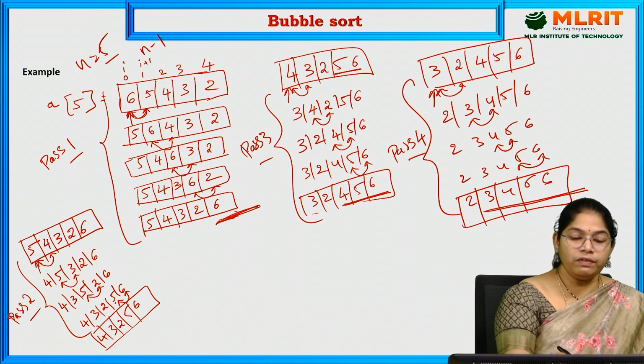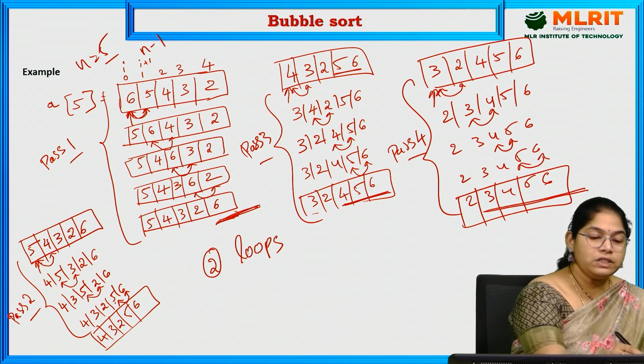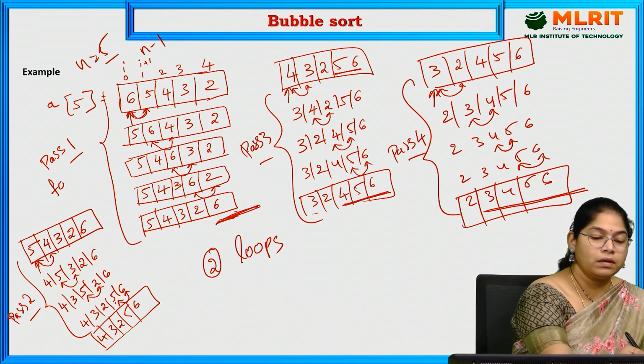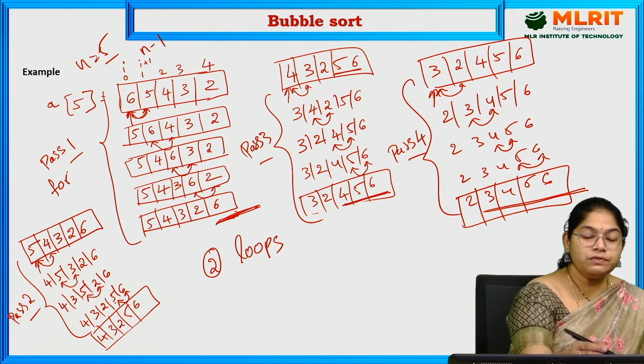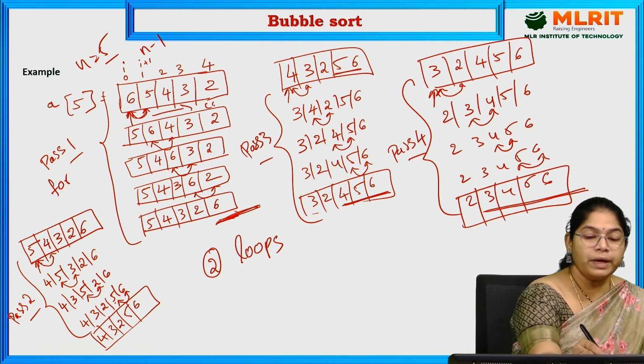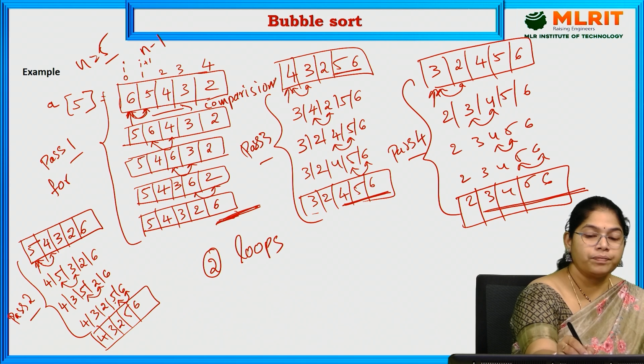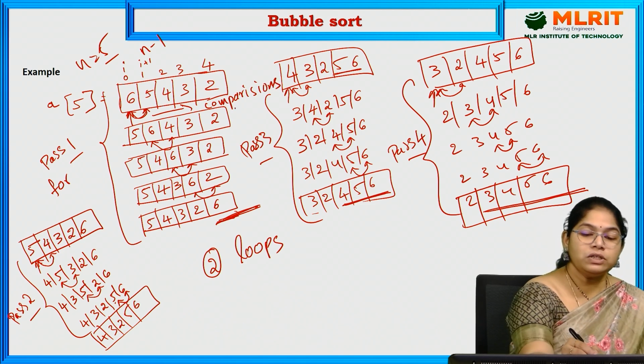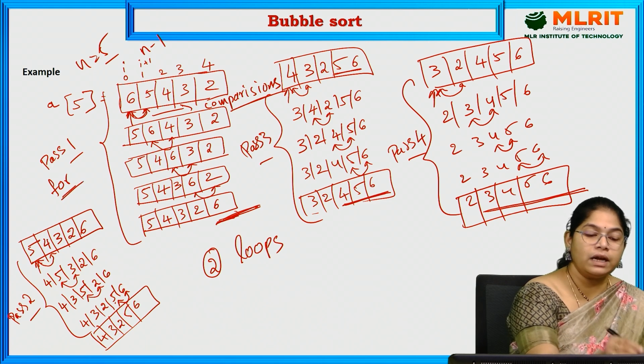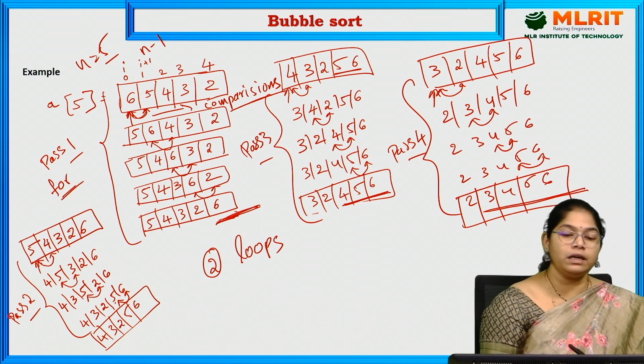So here we need 2 loops. One is for the passes and another is for the comparisons. The comparison, where we compare the adjacent elements, has to be nested in that loop. These 2 loops are in nested form.